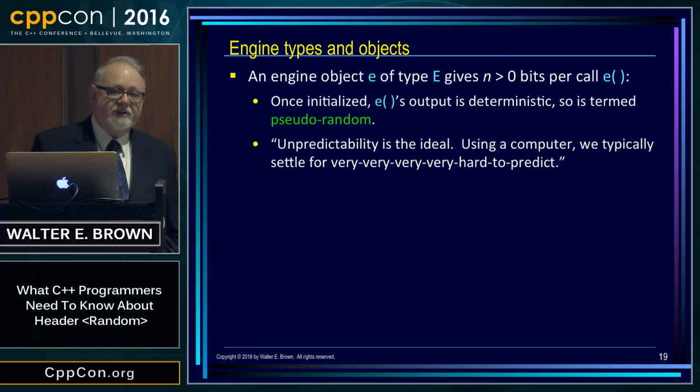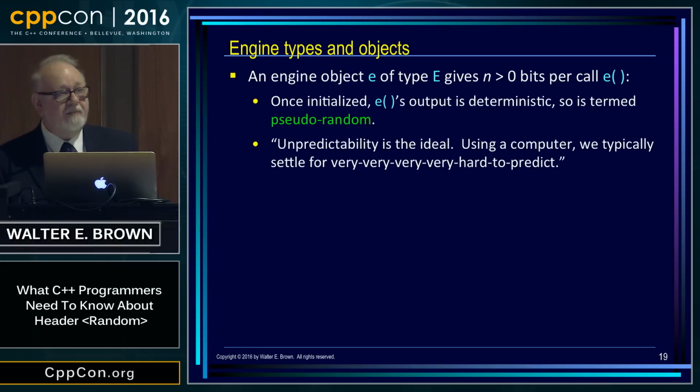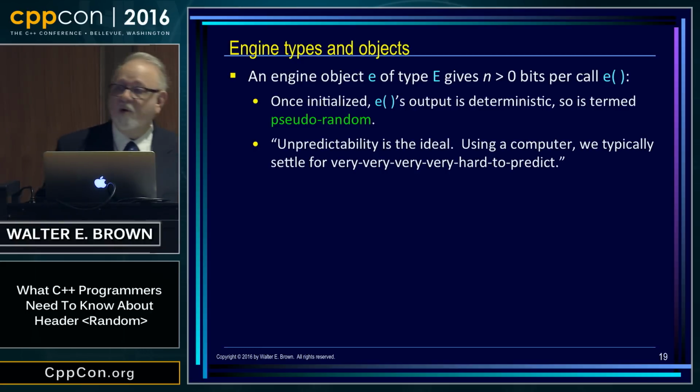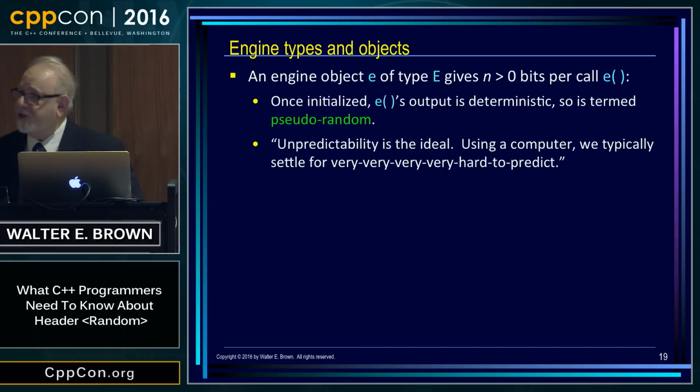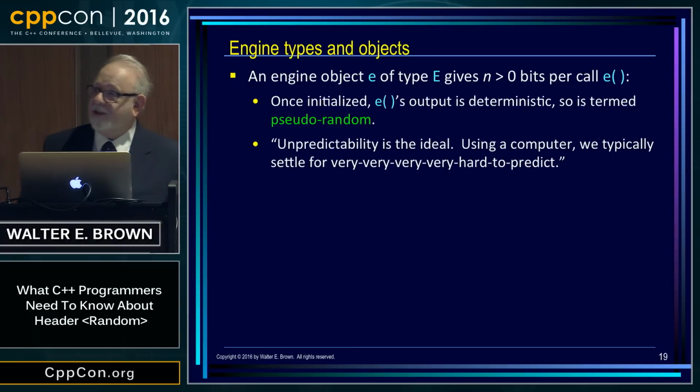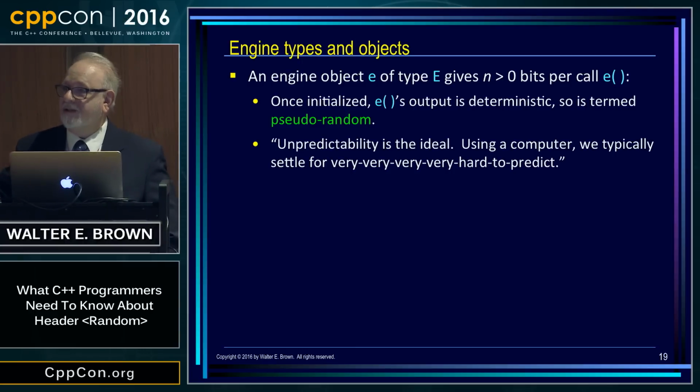Once initialized, this object has typically deterministic output, and therefore if you want to be precise, you're actually getting pseudo-random numbers. Okay? But not every engine gives you deterministic output. We have interfaces for environmental sources of randomness.